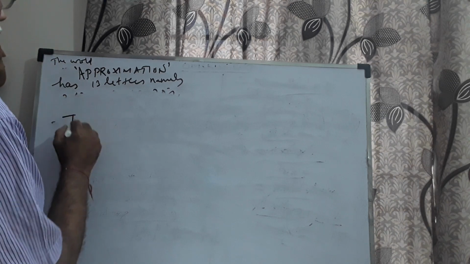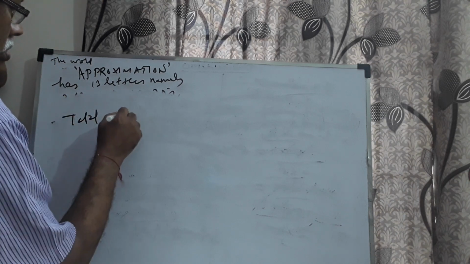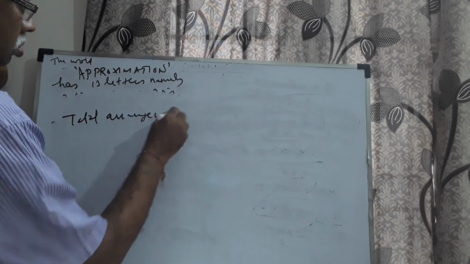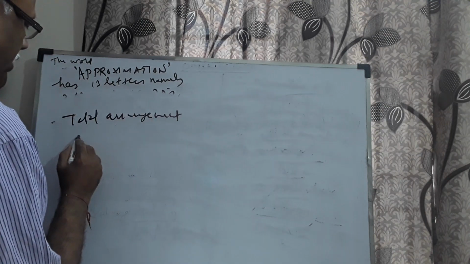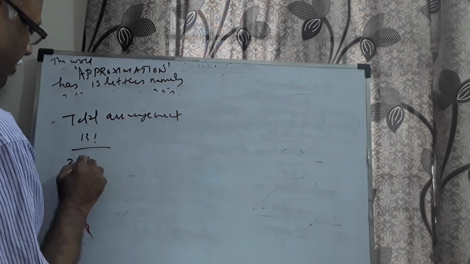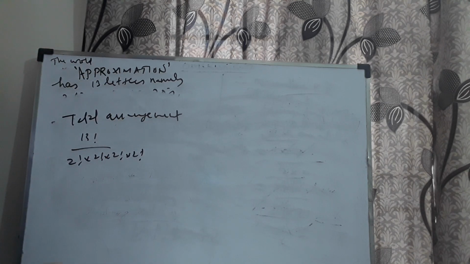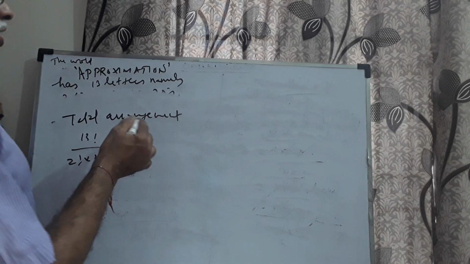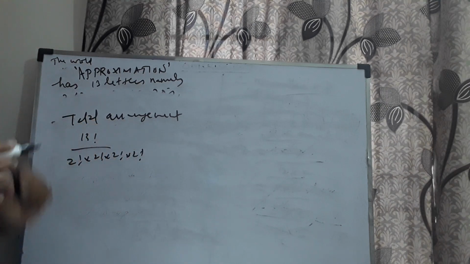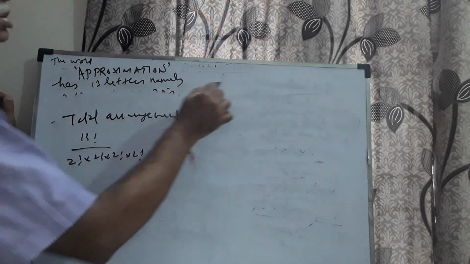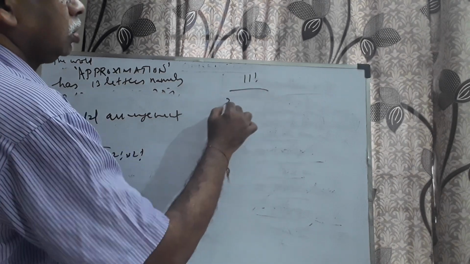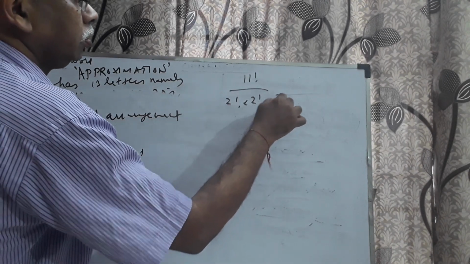Okay, then the total arrangements we have just seen: 13 factorial divided by the repeated-letter factorials. Now I have to start with P and end with N, or start with N and end with P. For the letters other than P and N, the number of arrangements will be 11 factorial by 2 factorial into 2 factorial into 2 factorial.